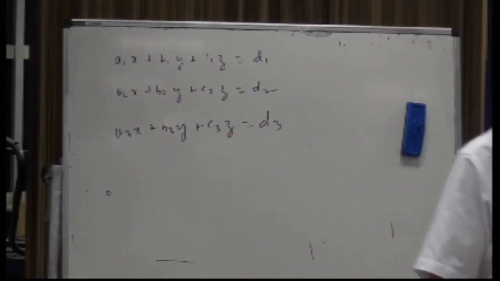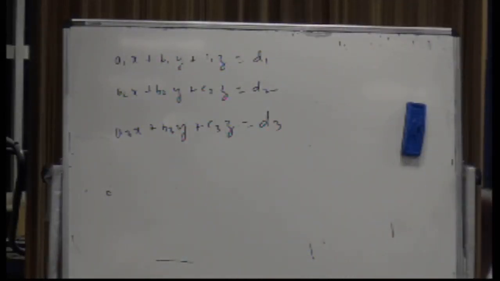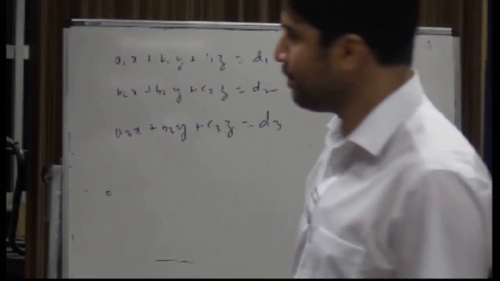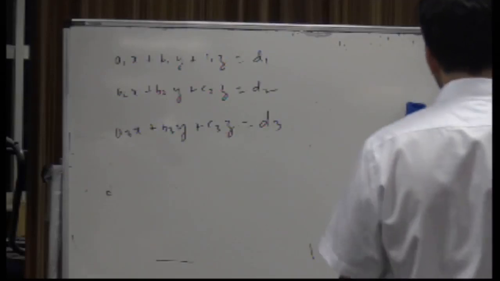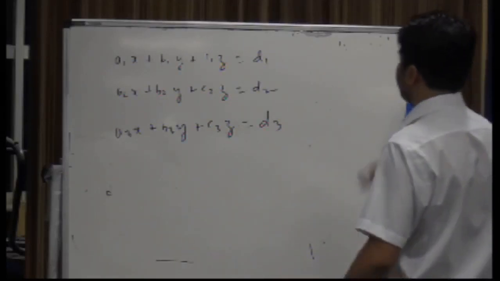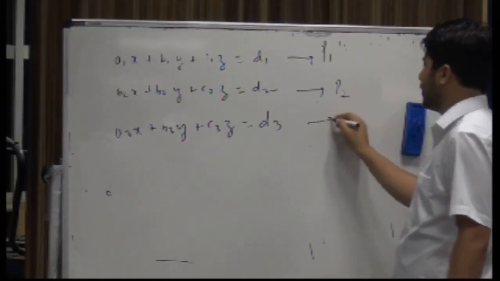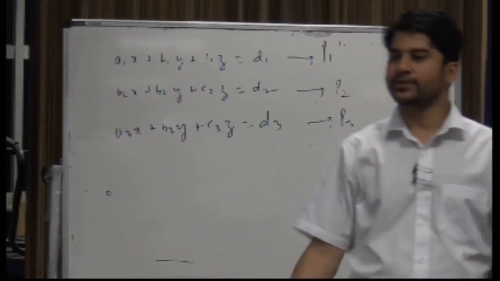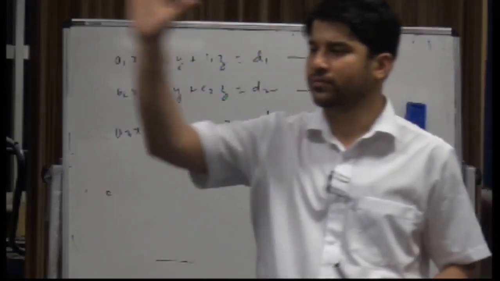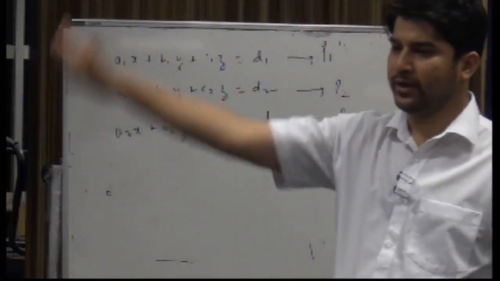What is it? You haven't done 3D, right? So how you will be able to tell that? These three equations represent planes. Plane 1, plane 2, plane 3. What are planes? An infinite sheet. An infinite sheet is called plane.